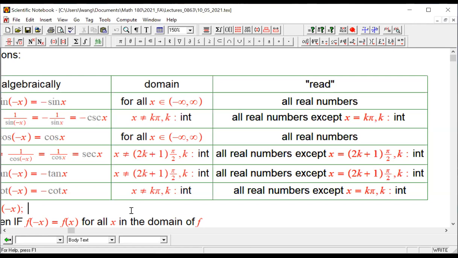Professor, question: are we supposed to learn this table, or are we allowed to use it on the quiz, exam, final? What is our responsibility as a student? Anything I covered is possible to show up on the quiz or the exam.